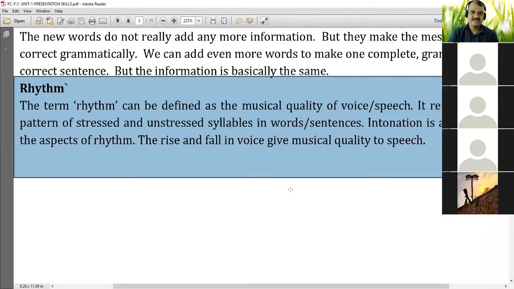It's the musical quality of our talk, and for musical quality what is required is nothing other than intonation and stress. So someone please go ahead and read it. After that we'll move ahead for another important aspect of our first unit. Please go ahead, someone.